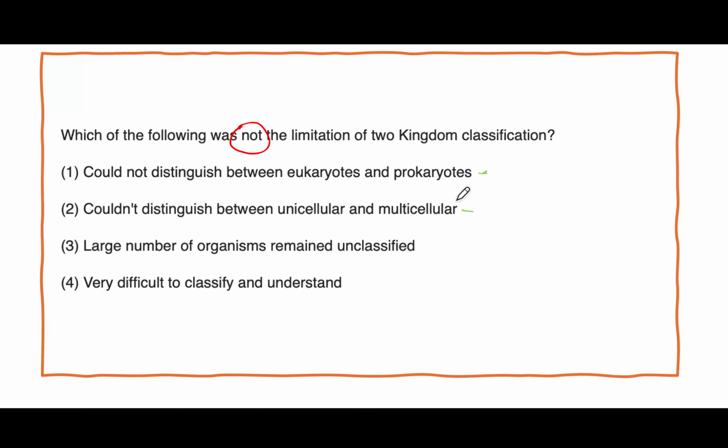Large number of organisms remained unclassified. Obviously bacteria and other organisms remained unclassified. Very difficult to classify and understand, is it? It was not very difficult to classify and it was not tough to understand. Plants, animals. Again, this was not a limitation. The fourth one was not a limitation of the two kingdom classification system. So the fourth one is the correct answer.